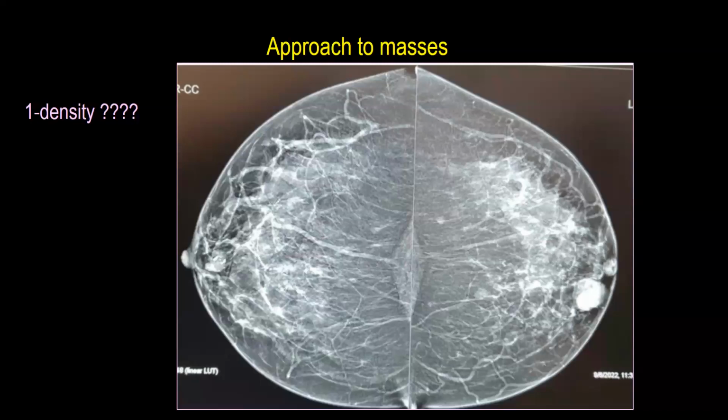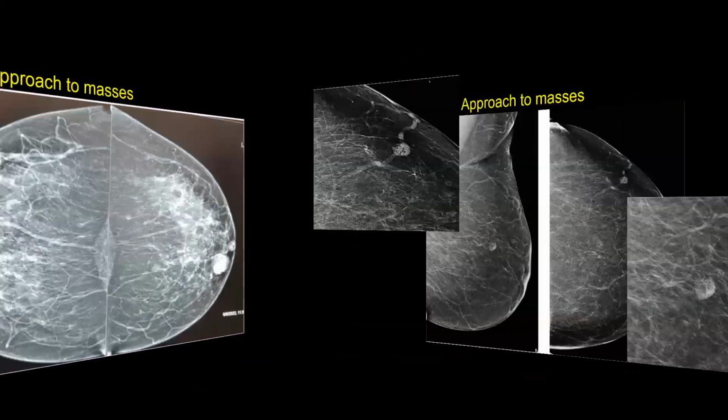Okay, regarding the density, what do you suspect is the mass? High density. How do you call it? High density. This is high, and you have another mass here. Equal density. Excellent, excellent.